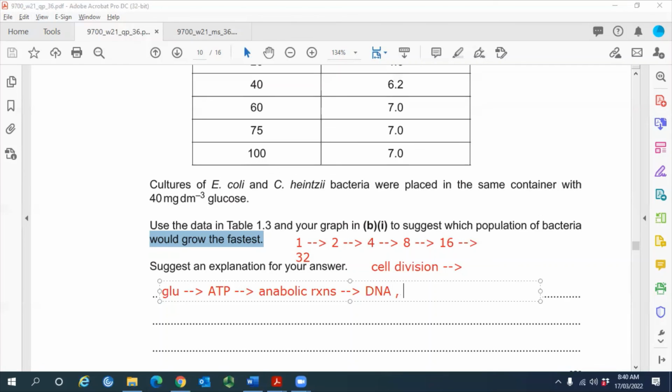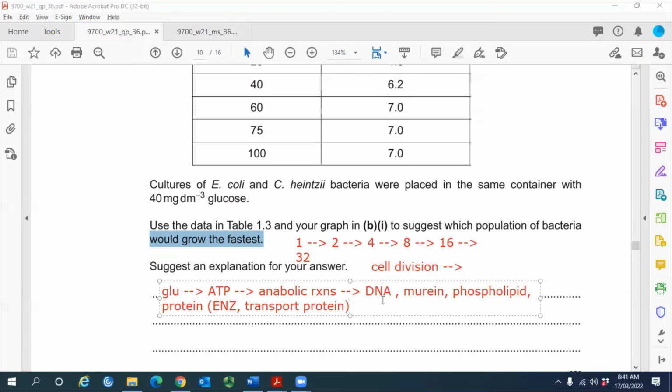Do you need to make new cell wall or not? Yes. Do you need to make new cell surface membrane or not? Yes. So phospholipid. Do you need to make new protein or not? You need to make new protein because you need to make a lot of proteins, which can be enzymes, or it can be transport proteins across the membrane.